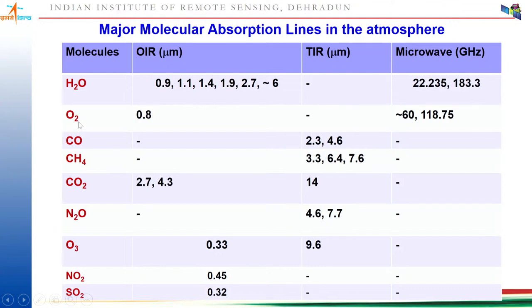Oxygen, then carbon monoxide is in the thermal infrared region, methane has absorption bands in the thermal infrared region, carbon dioxide has one in optical and a strong one in thermal infrared, then nitrous oxide, tropospheric ozone, nitrogen dioxide, SO2.